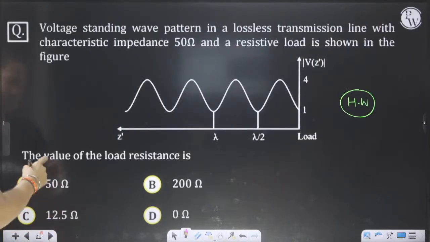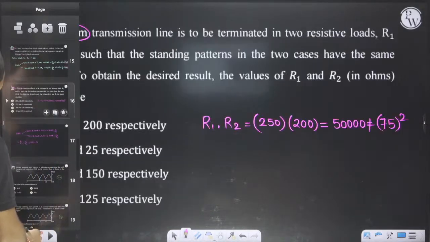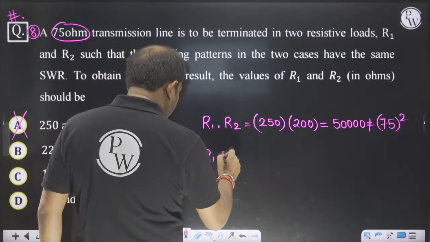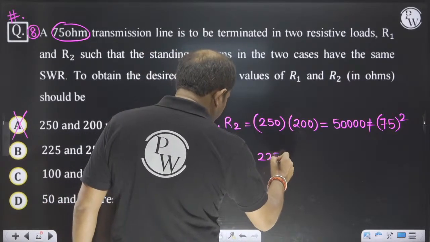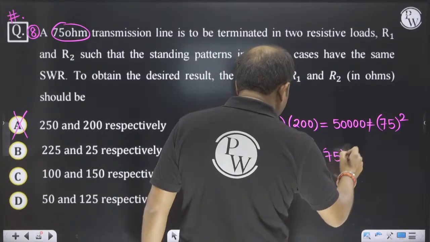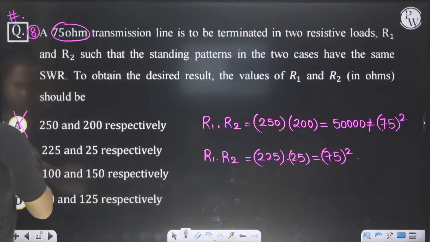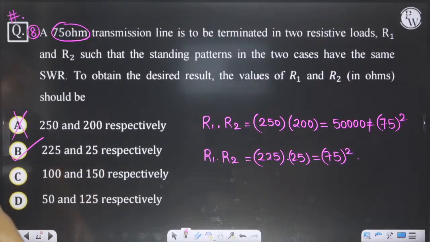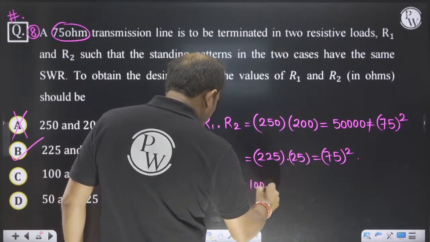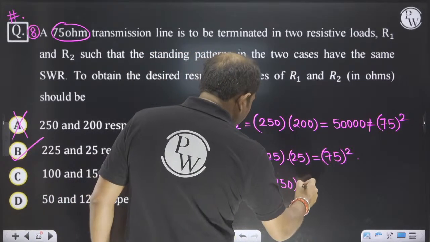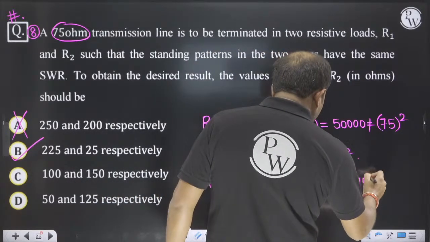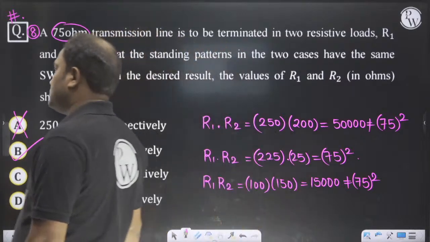Then the second case is 225 into 25. R1 into R2, 225 into 25, will be 75 whole square, so it is correct. In this case 100 into 150 is 15,000, which is not equal to 75 square, so this one is also wrong.